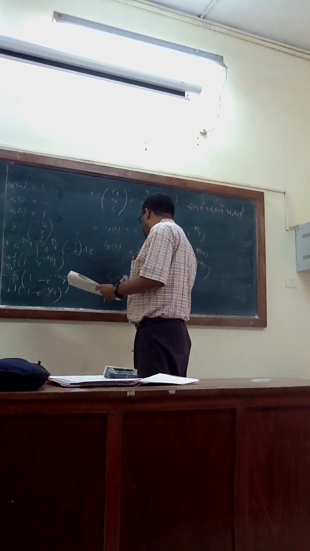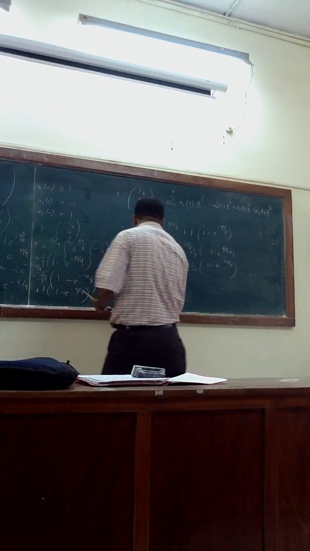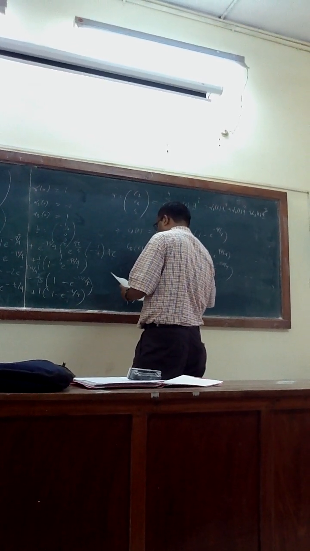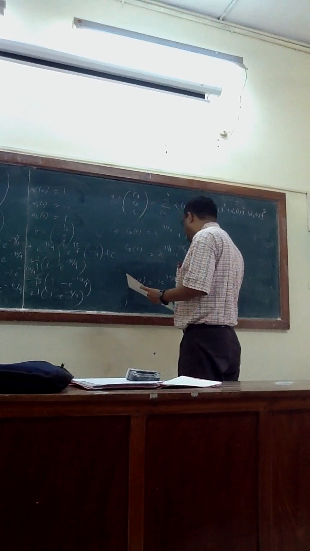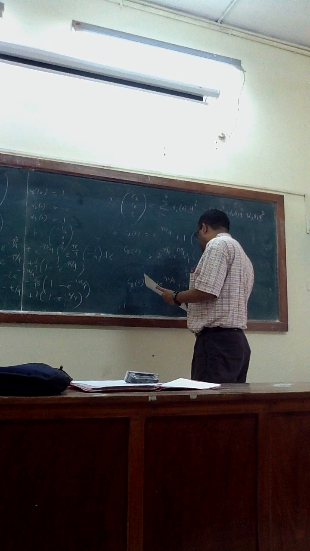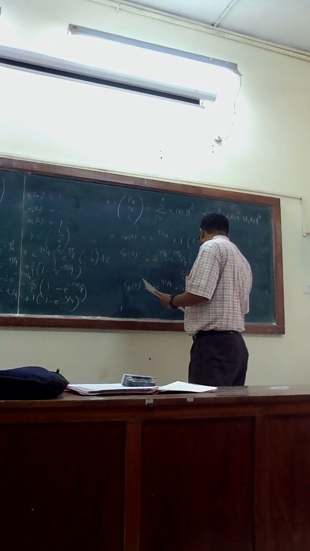CCT equals to, okay, is a big term. So 3 minus 3e to the power minus 9t by 4. Next, minus or plus 2e to the power minus 13t by 4. Next term, e to the power minus t by 4.